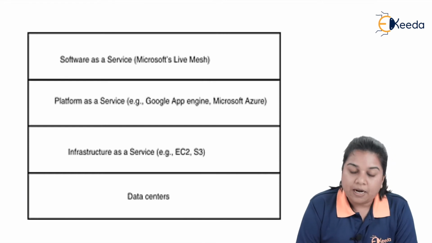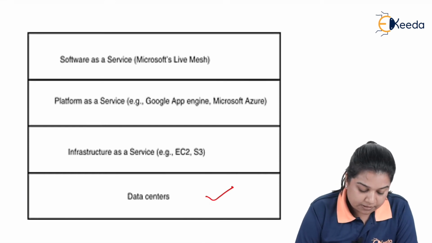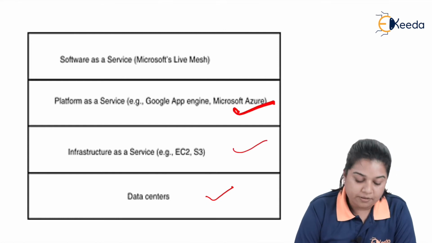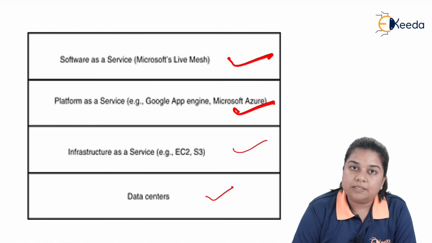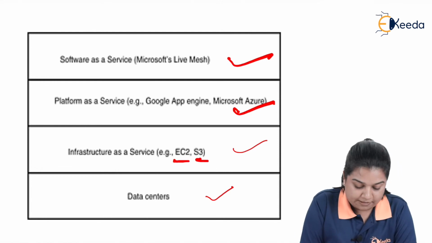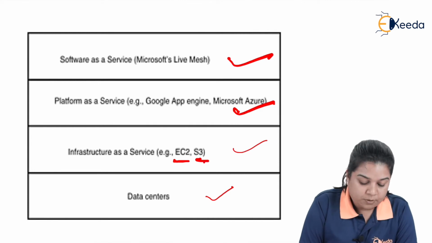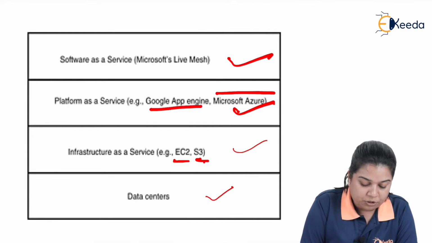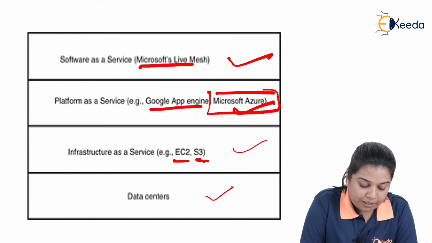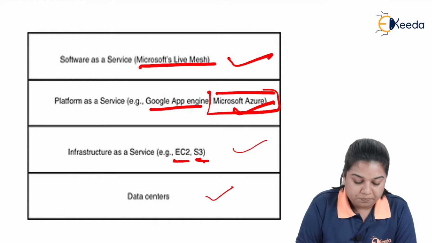So, the four-layer architecture here is data centers, then infrastructure as a service, platform as a service, and software as a service. The example for infrastructure as a service could be EC2, S3, then platform as a service could be Google App Engine, Microsoft Azure, then software as a service could be Microsoft's Live Mesh.